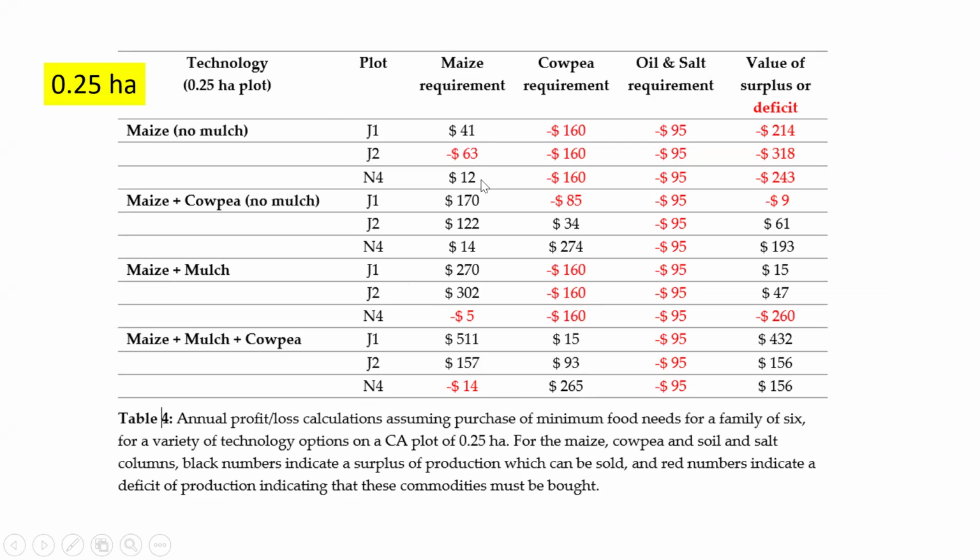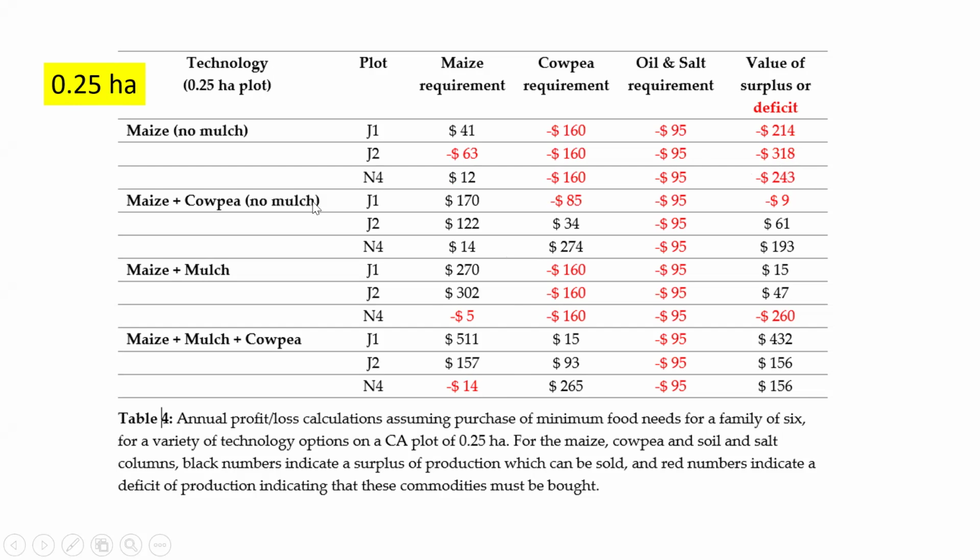So the black numbers indicate a surplus of production, which can be sold, and the red numbers indicate a deficit of production, indicating that these commodities must be bought. So if we look at a field of 0.25 hectares, which is not unrealistic in Zimbabwe, when we grow monoculture maize with no mulch, there's a food insecurity problem, and the family needs to have this much money in US dollars to buy food security.